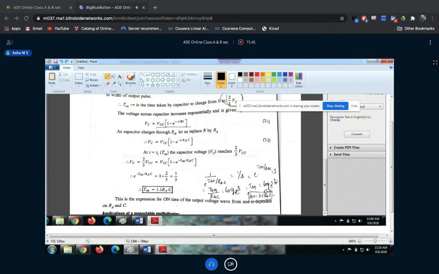From mathematics knowledge, you know this already. So Ton is equal to log 3 base e into RA C. If you evaluate log 3, it gets evaluated to 1.09, something like that, which you can write as 1.1 RA C, and that's how you got this.